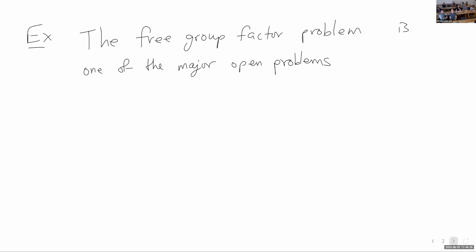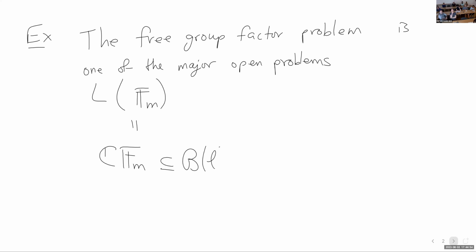The question is, if we take a free group F_m on m generators, we take the von Neumann algebra generated by it. What I mean by this is, we take the group ring C[F_m], and we take the left regular representation on the Hilbert space L^2(F_m), and then we take the closure in the weak operator topology. This is what I mean by the von Neumann algebra associated with this free group.